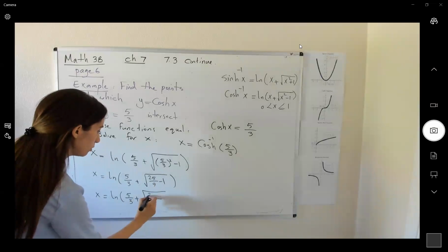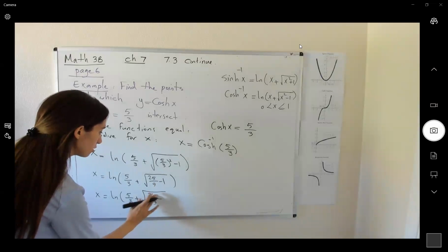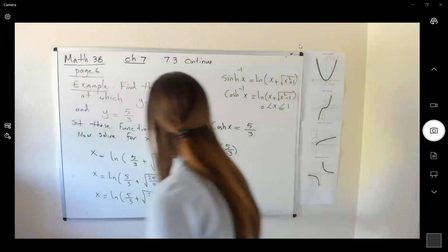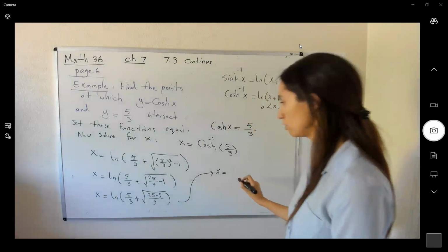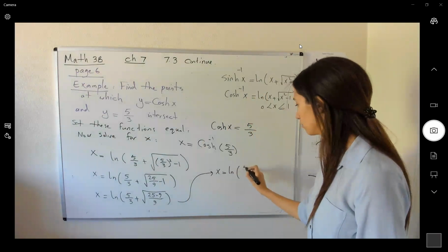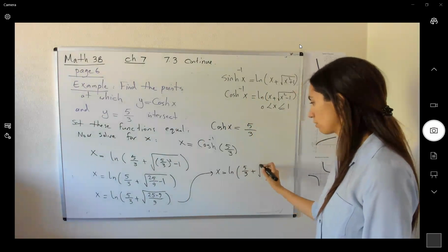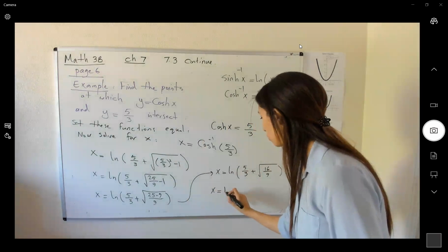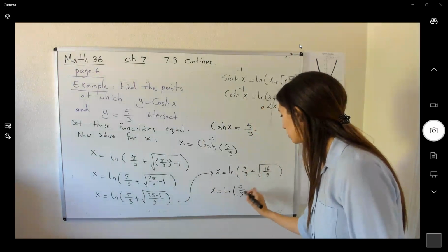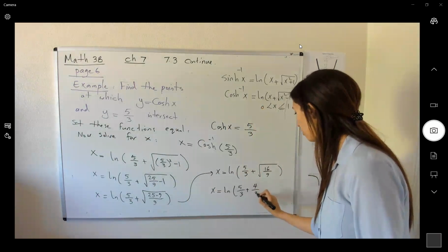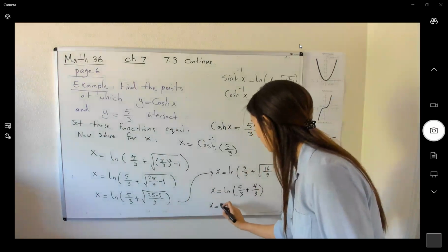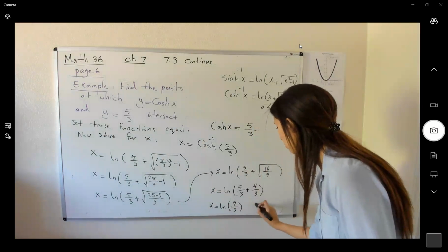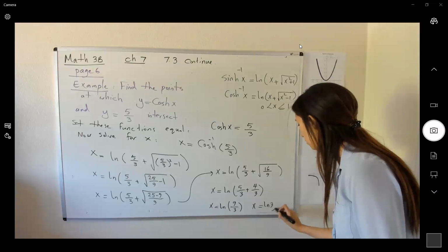If you take a common denominator here, 25 minus 9, which is 16, so your x is equal to ln of 5/3 plus square root of 16/9, and x is equal to ln of 5/3 plus 4/3, or x is ln of 9/3, or x is ln of 3.